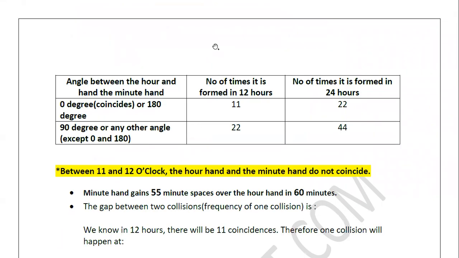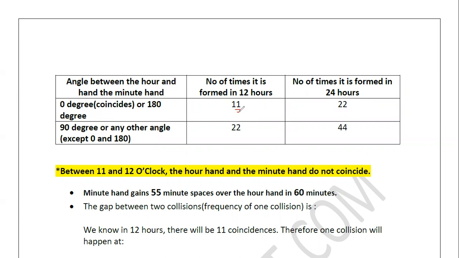Now this is very important. Even in 2017-18, this has been asked. The angle between the hour hand and the minute hand is 0 degrees or 180 degrees, and how many times does this occur in 12 hours? This occurs 11 times, and I'll try to explain why.